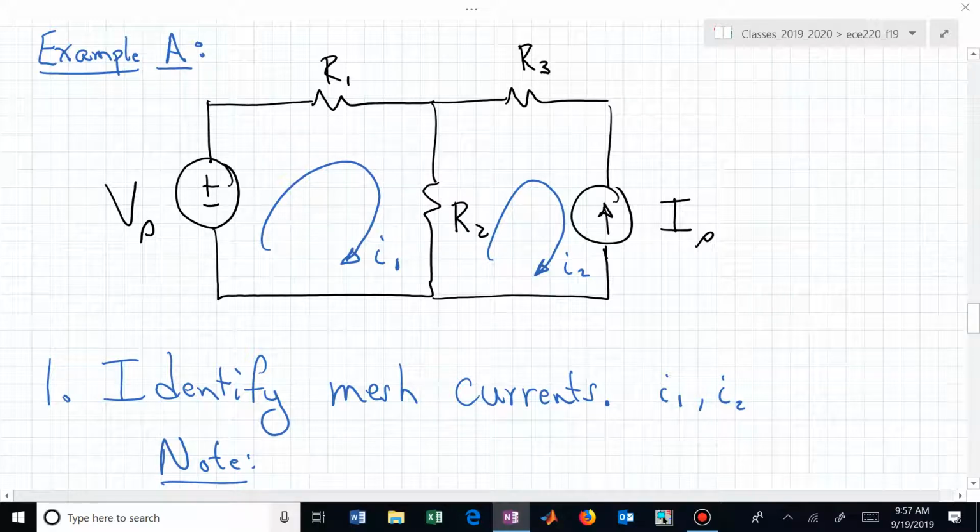It's given. If I know the current source I sub S, I know I sub 2. I've already defined that mesh current, but if I ever see I sub 2 in my formulas, I'm just going to replace it with minus I sub S, since the way I define my mesh current, it's opposite to how that current source is directed in the circuit.